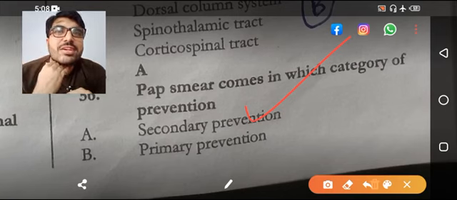So regarding breast, all are true except: starts to develop before puberty, axillary lymphatics are main, and pectoralis fascia. These all three are right options, because the breast development starts even before birth. But if the question says the glandular development of breast, glandular maturation, then yes, that starts at puberty.